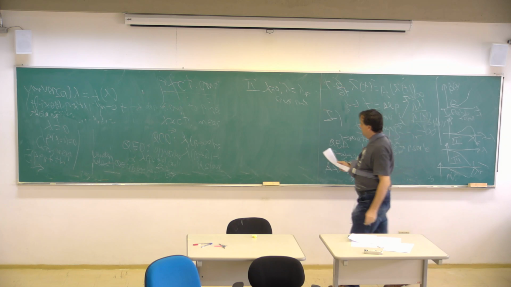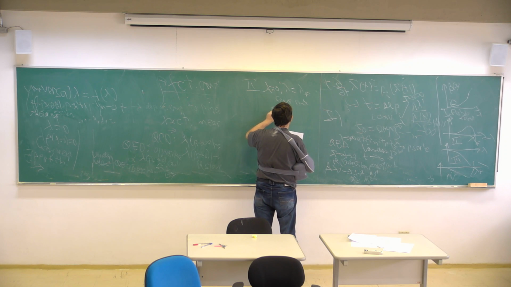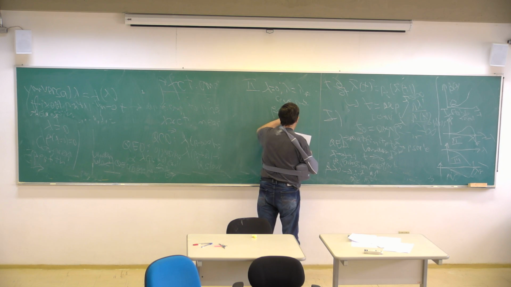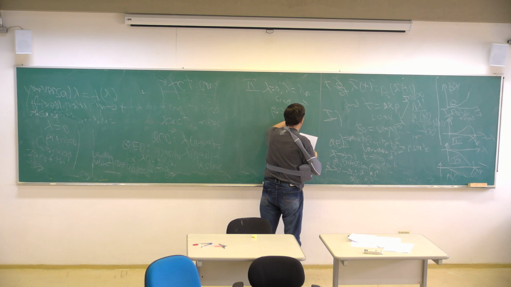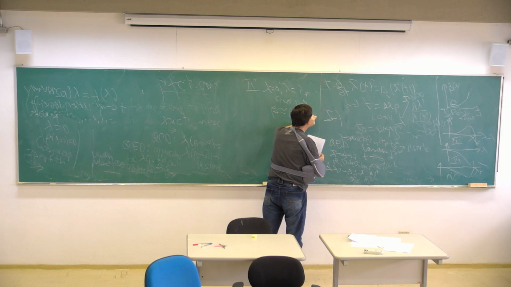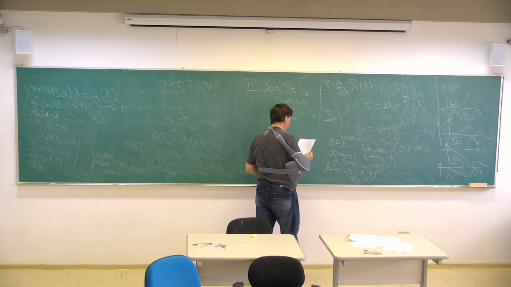So beta is approximately beta prime times (lambda minus lambda f), because this thing is negative.